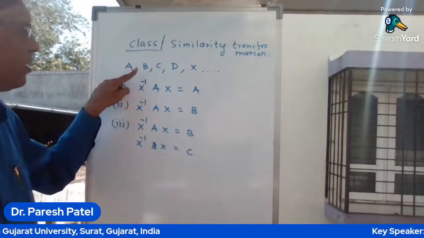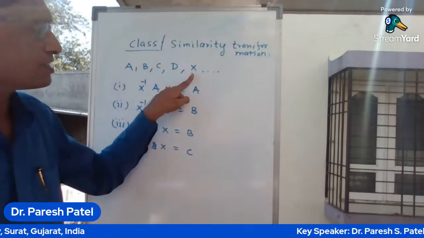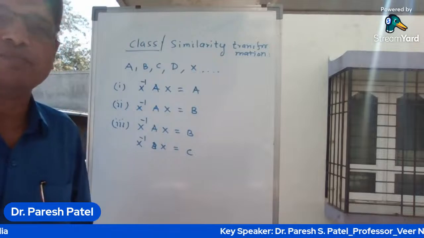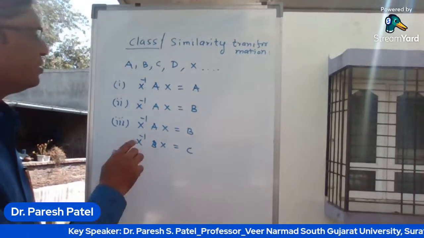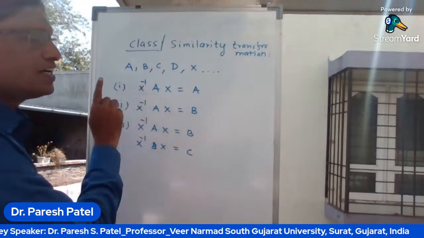If A, B, C, D, X are different symmetry elements of a particular group, now it satisfies condition number 1.